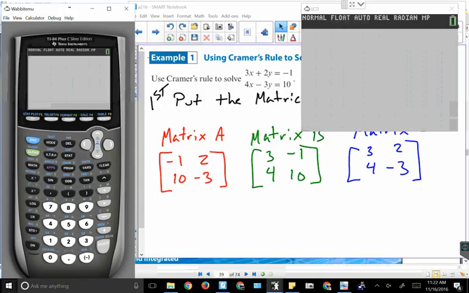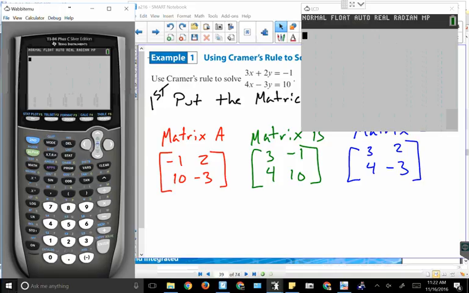Now, I hate to tell you guys this, but that was the roughest part. If you want to actually go and calculate it out manually, that's rough. We've done the hardest part, putting those 3 matrices in.